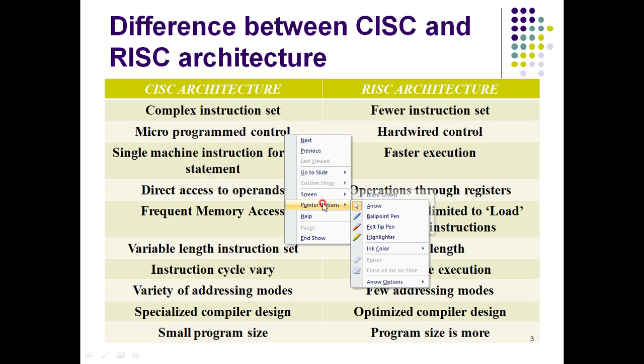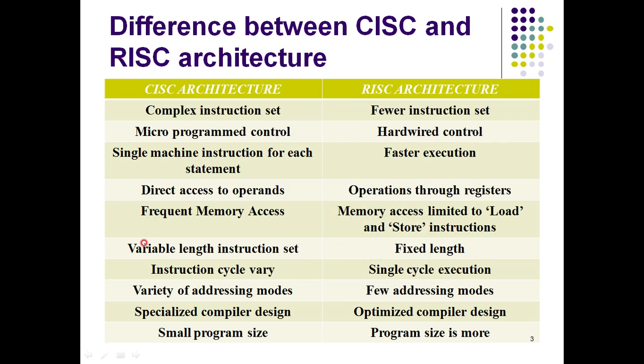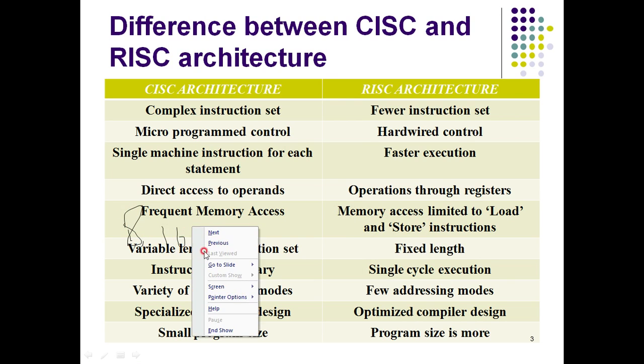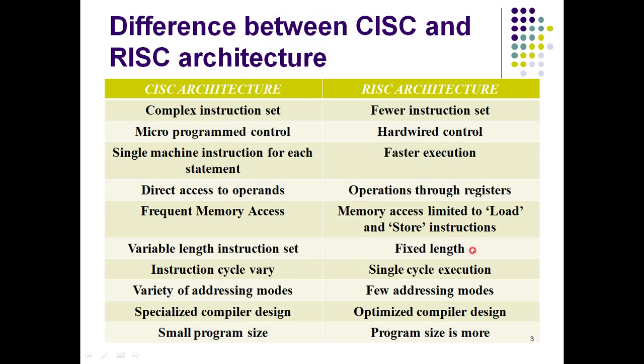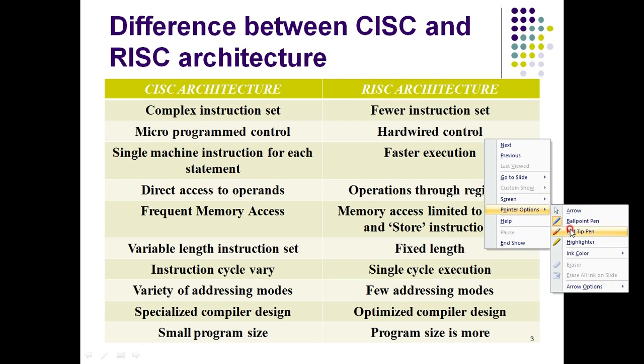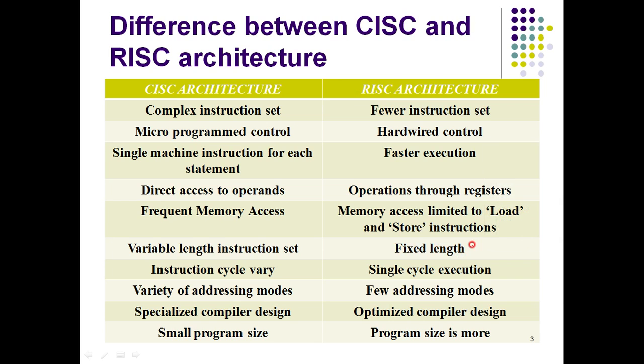But in your RISC architecture, all our instructions will be of the same, fixed length. For example, if I design a processor of 8 bits, then all my instruction sets will be of only 8 bits, not more than 8 bits. That is the major difference, right?